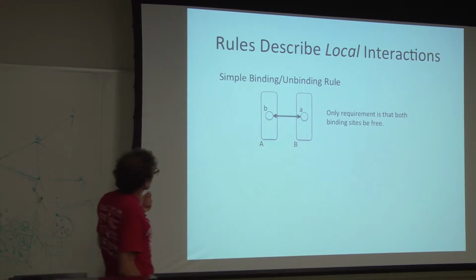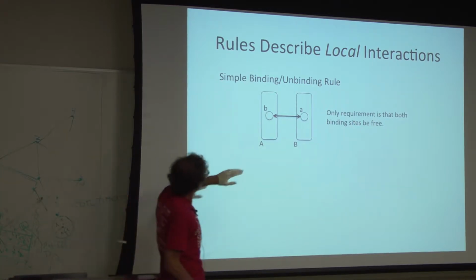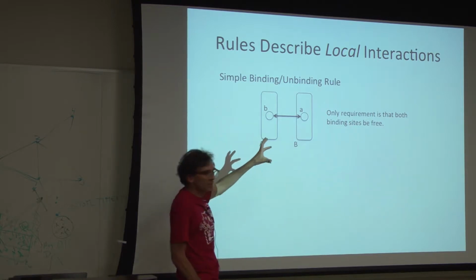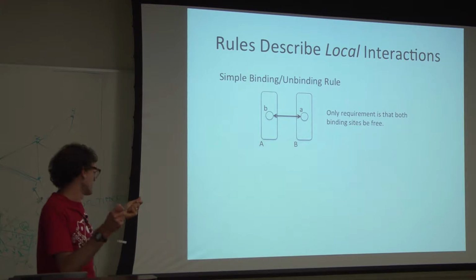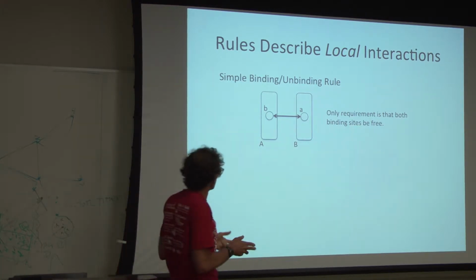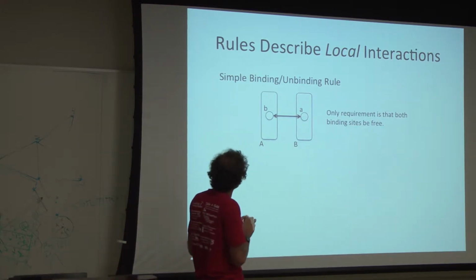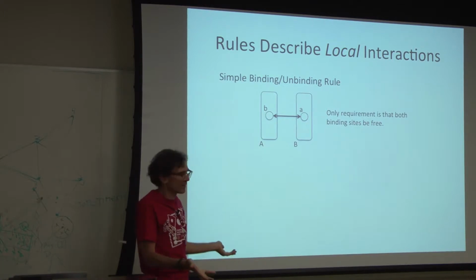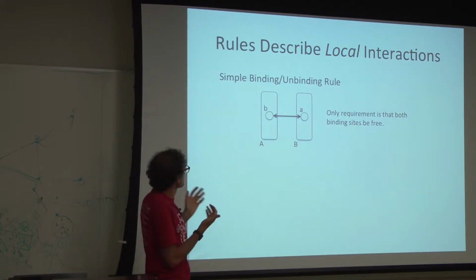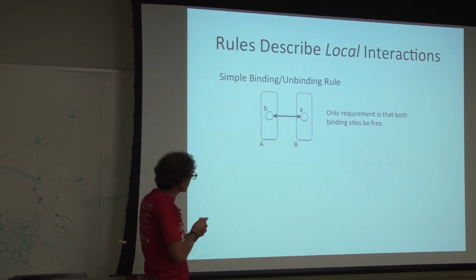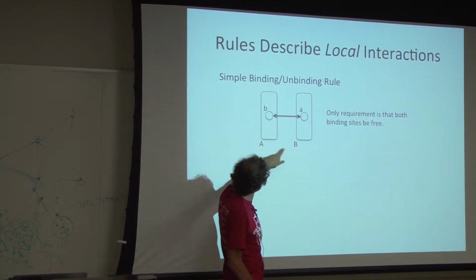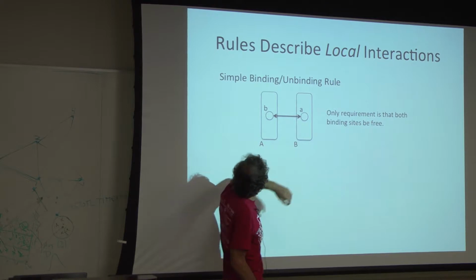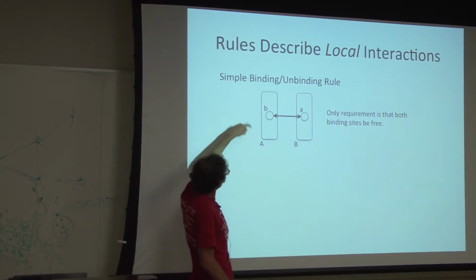What I've shown here is the basic building blocks of a rule. So a rule is going to describe the interactions of any number of molecules and their components. And it basically says when a reaction can happen. So the simplest kind of a rule that we can make between 2 different molecules is where one molecule binds to another. A binds to B. So here's our first rule.